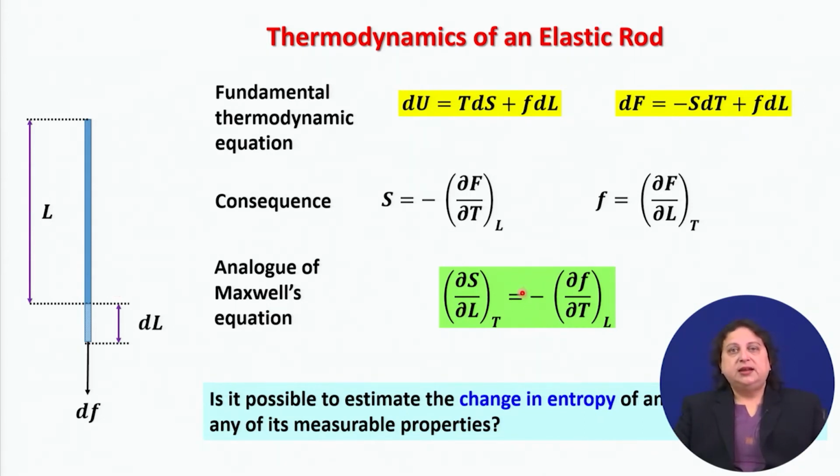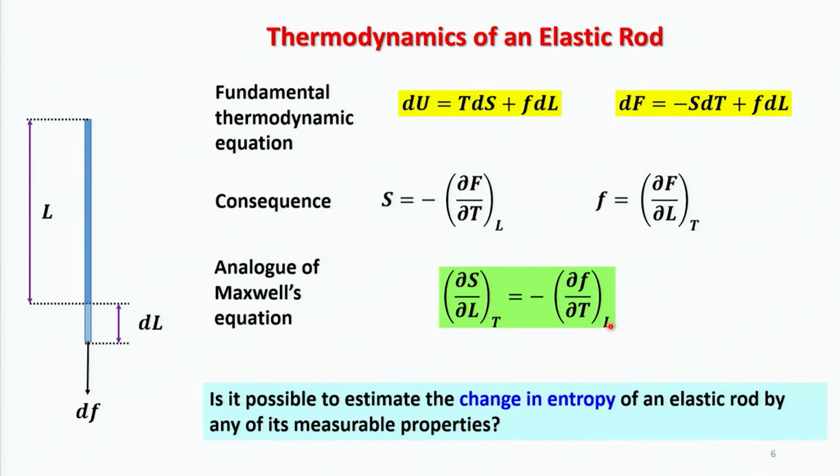Now, as you see here, del S del L T is the change of entropy of the elastic rod as a function of the amount by which the rod is stretched under isothermal condition, and I am trying to estimate this particular quantity. So, in order to do that, using the Maxwell's relation, I need to find out del F del T L.